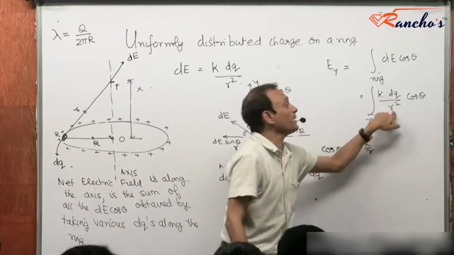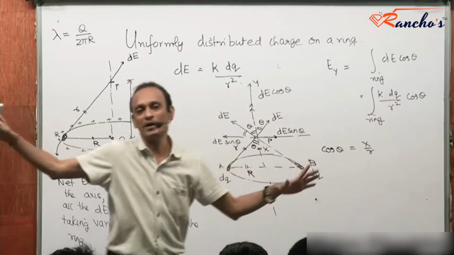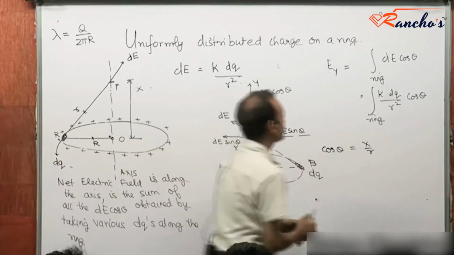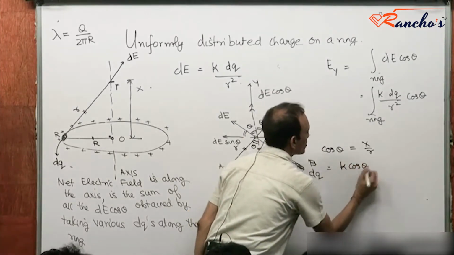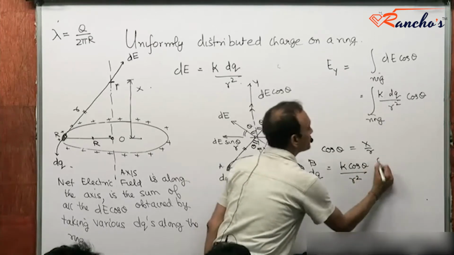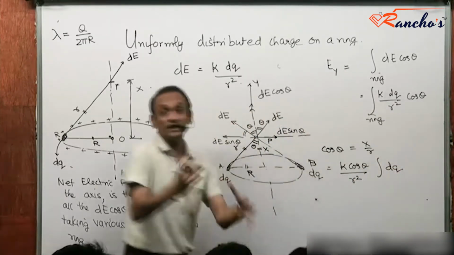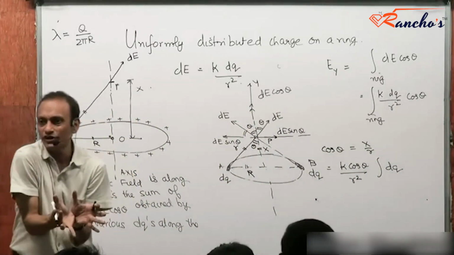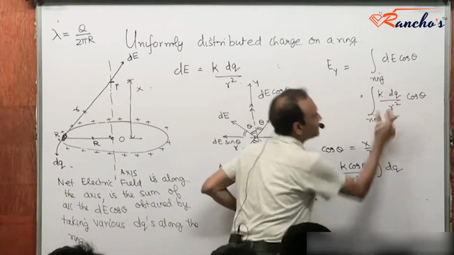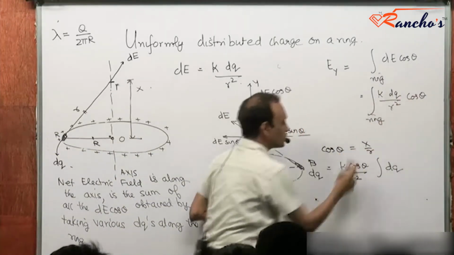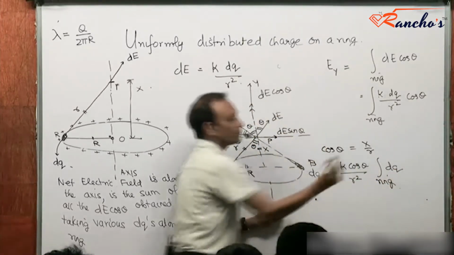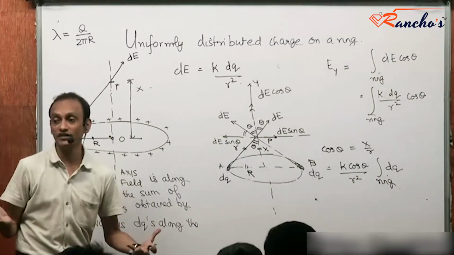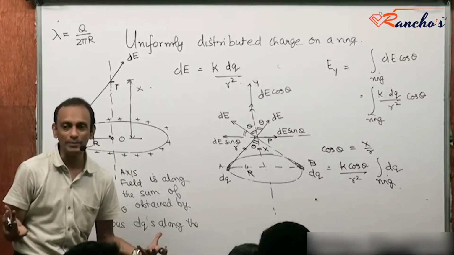So what you are left with while integrating is K cos theta by r squared times integral dq. Integral dq is the sum of all the dq's that lie on the ring, which is the total charge capital Q on the ring.